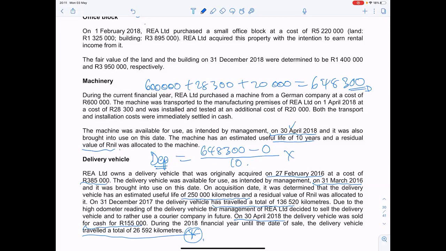So April is done. So it will be May, June, July, August, September, October, November, December. I'm getting 8 months out of 12 to convert it into years. So our depreciation is going to be 648,300 divided by 10 multiplied by 8 over 12.